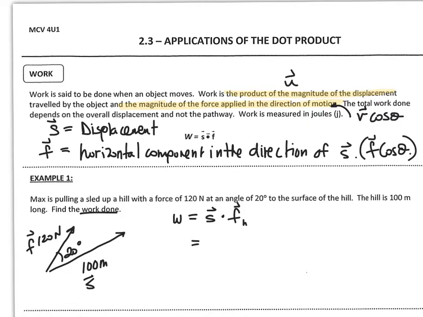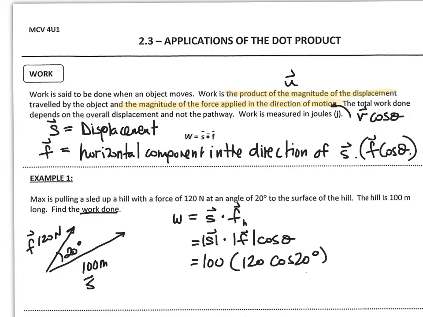So we take the magnitude of S times the magnitude of F times cos of theta. S in this case is 100, and then we have 120 and cos of 20.